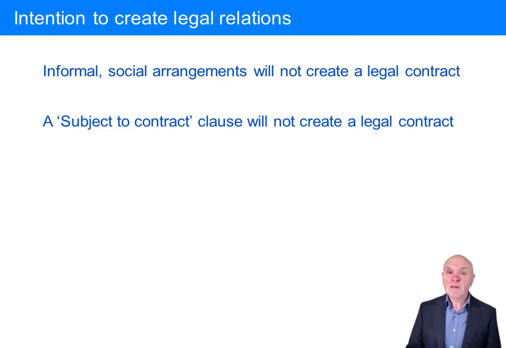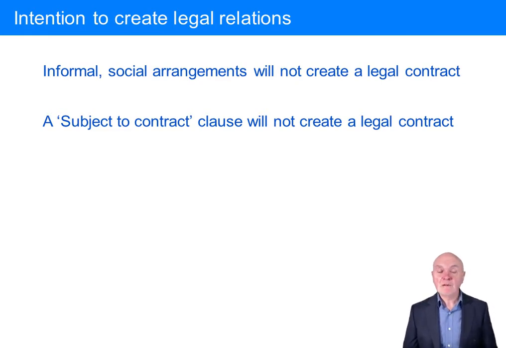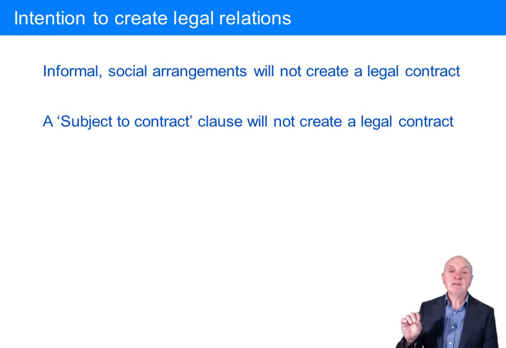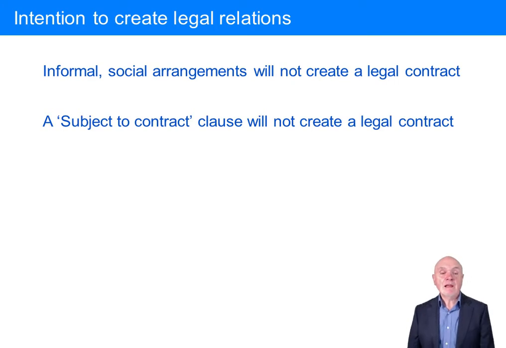Another time when there may not be an intention to form legal relations is if you put a subject to contract clause in a contract. So you could say, I will buy the house subject to a satisfactory surveyor's report, or, selling the car, I will buy the car subject to it getting a proper safety certificate. Anything with a subject to contract clause means you are giving notice that you're not forming the contract yet.